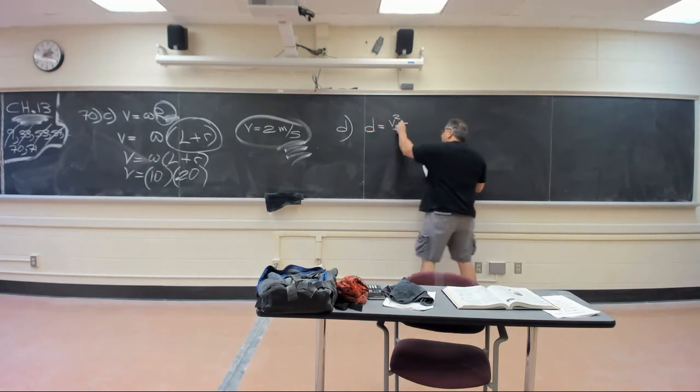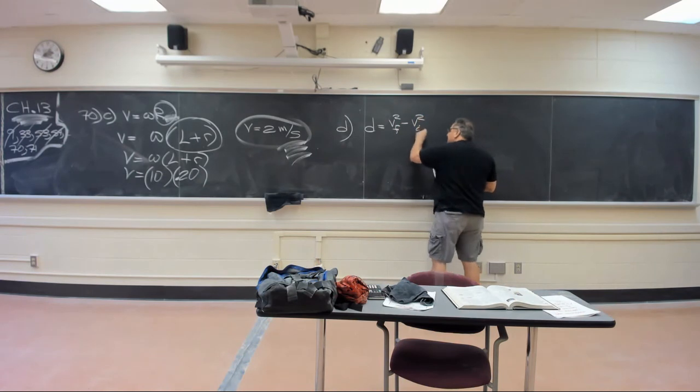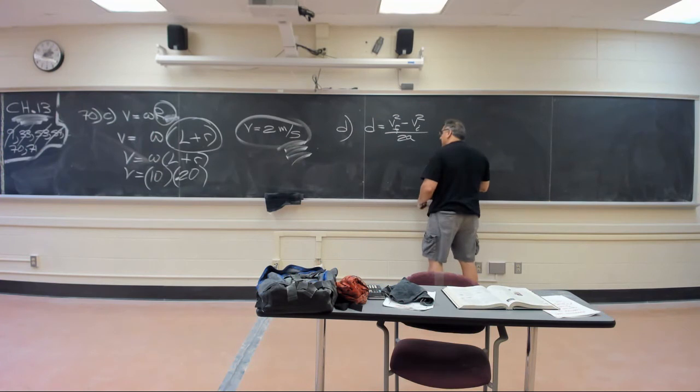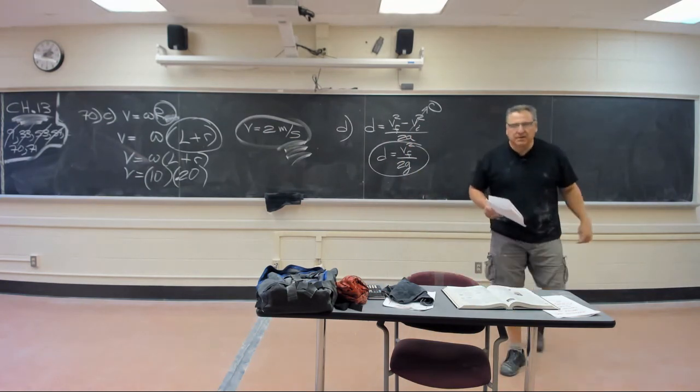Let's play a couple games here. Everybody's falling down, so we're not going to worry too much. Initially, it isn't moving. Finally, it's got some speed. So d is vf squared over 2a. Since everybody's falling down, we can call everybody positive.